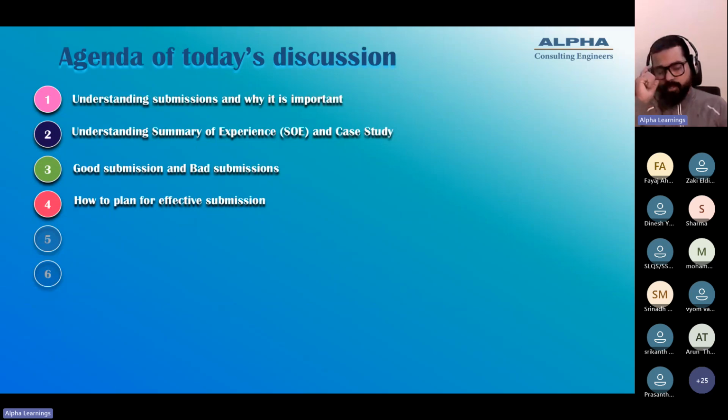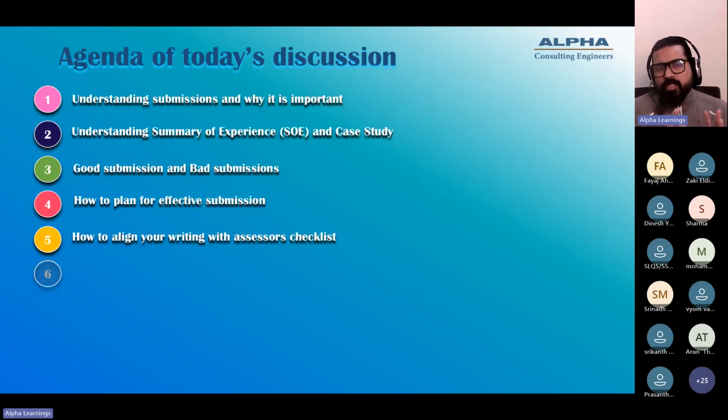Now, how to target that window, how to get started, where to get started, and what should you read before you start writing your submissions?